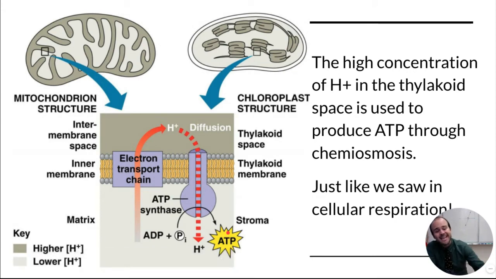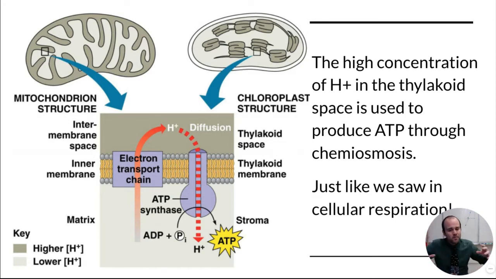So this is the exact same method as we saw in cellular respiration. The proteins and enzymes in the electron transport chain are a little bit different because they're different organelles from different evolutionary backgrounds, but we see the same ATP synthase, the same movement of hydrogen ions. So we use the energy from the electrons to move hydrogen ions across and then let them fall back through ATP synthase.